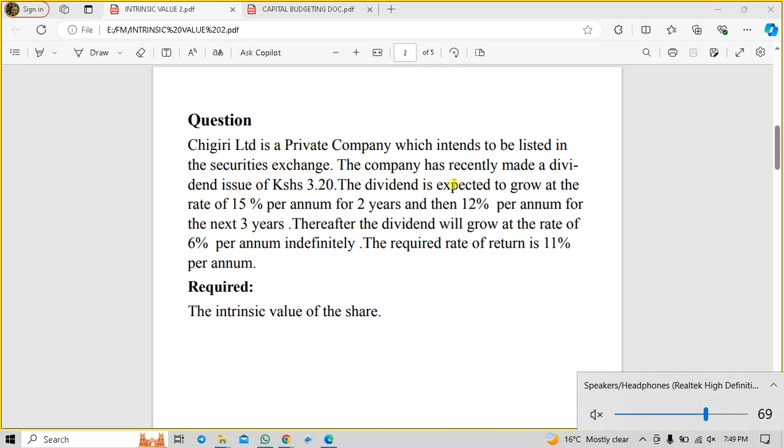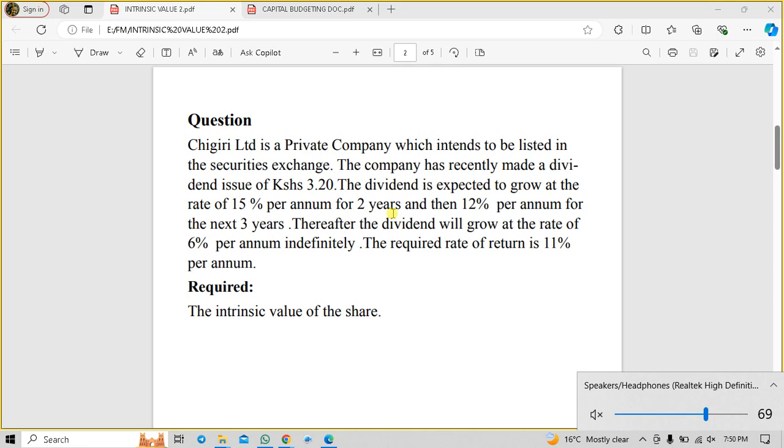So the company has recently made a dividend issue of 3 shillings and 20 cents. So that means that when you buy shares in Chigiri Limited, you will receive a dividend of 3 shillings and 20 cents. The dividend is expected to grow at the rate of 15% per annum for 2 years.